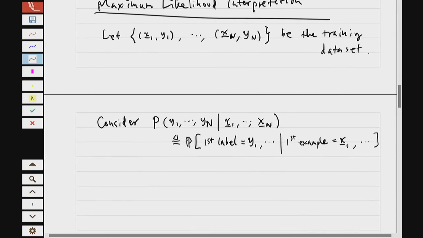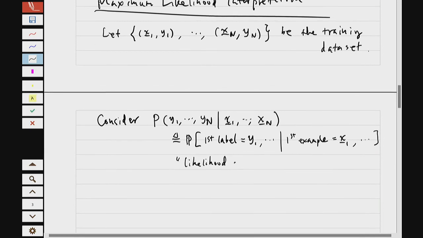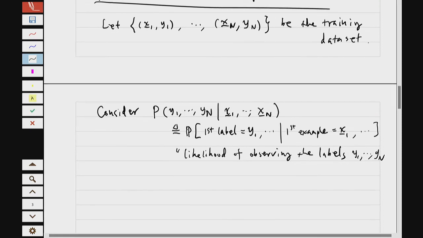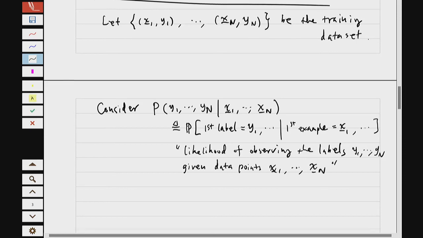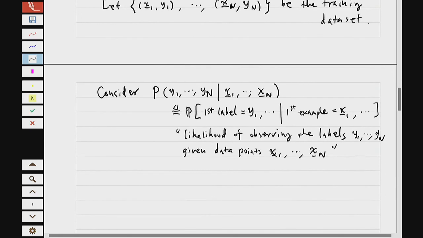Another way to write this, in a more quasi-English way, is the likelihood of observing this particular configuration for a data set: observing the labels y1 to yn, given data points x1 to xn. That's the English way of expressing the same idea.